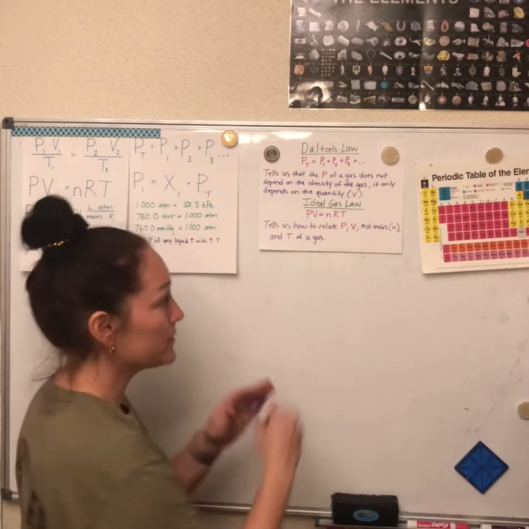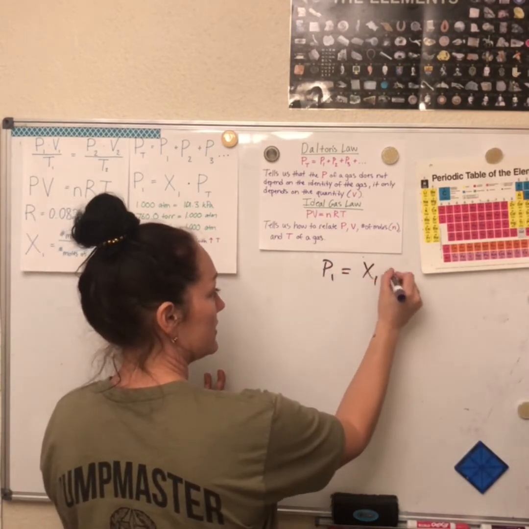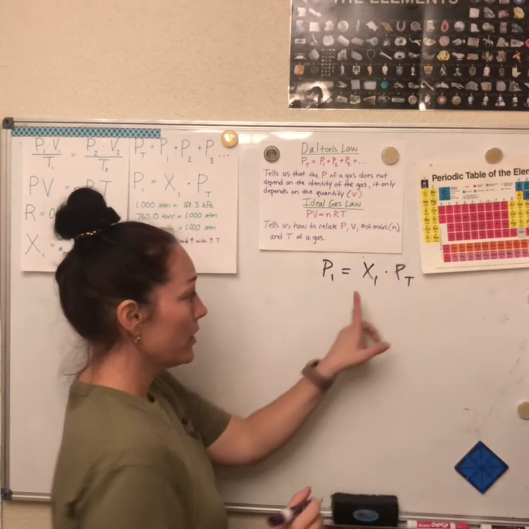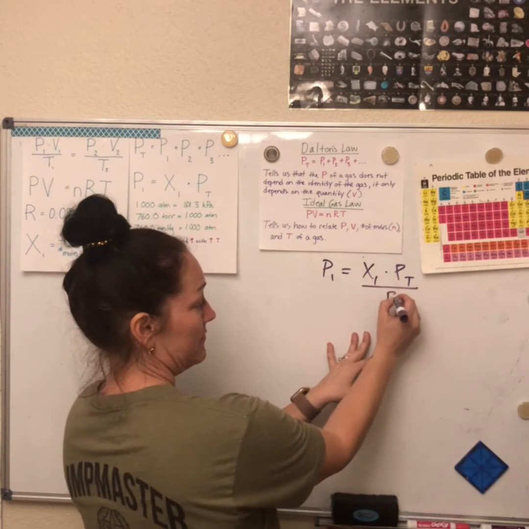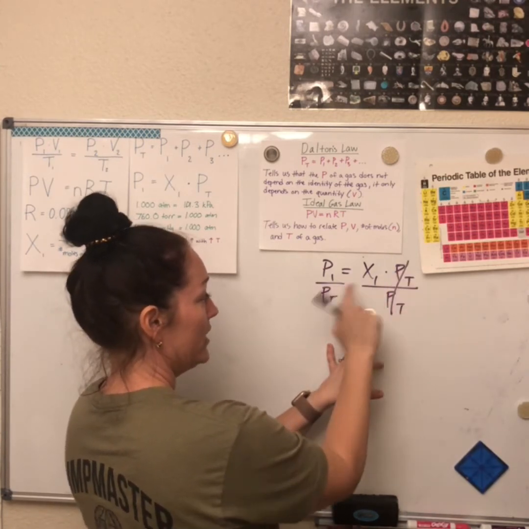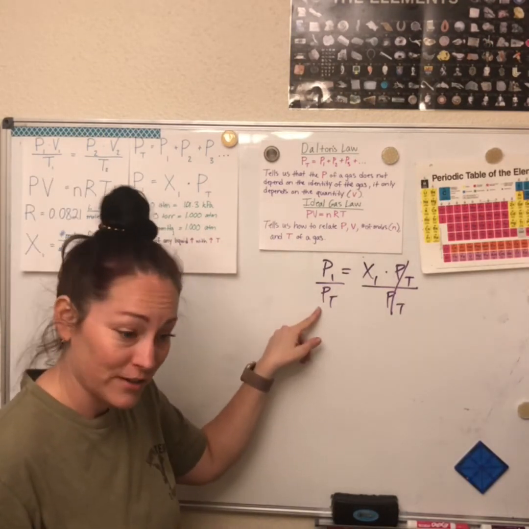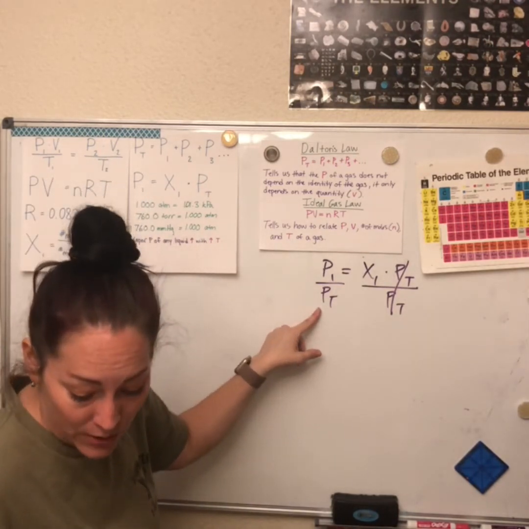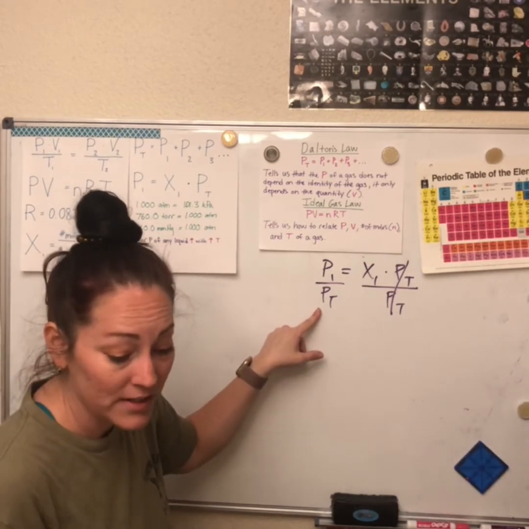So now instead of looking for the partial pressure, we're looking for the mole fraction. So let's put this back up here. P1 equals this times P2. So we're solving for this this time. So let's just go ahead and divide here. We're going to move that guy. So really we're taking the partial pressure and the total pressure. We're just going to divide it, okay? So they gave us the partial pressures, okay? They listed them for us.